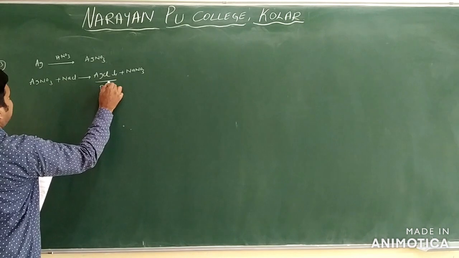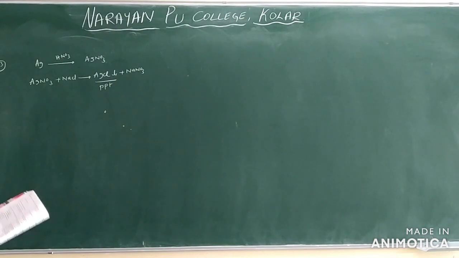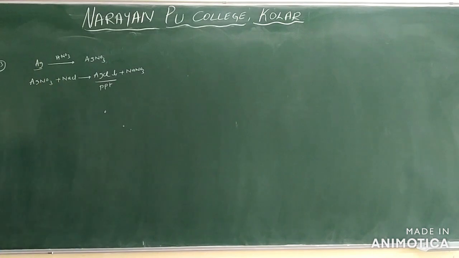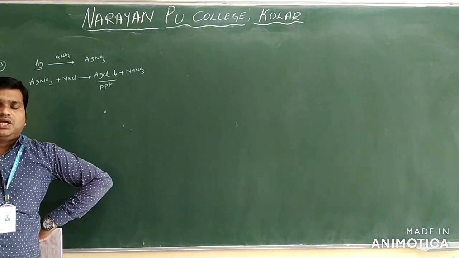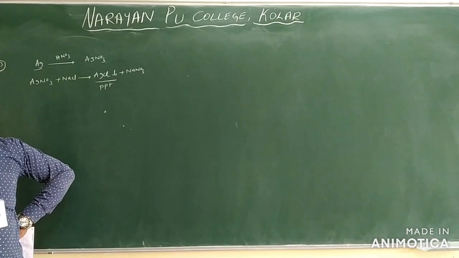This AgCl is a white precipitate. Here they are asking the percent of silver in the silver coin. So silver is precipitated in the form of AgCl, and we need the percent of silver in this compound.